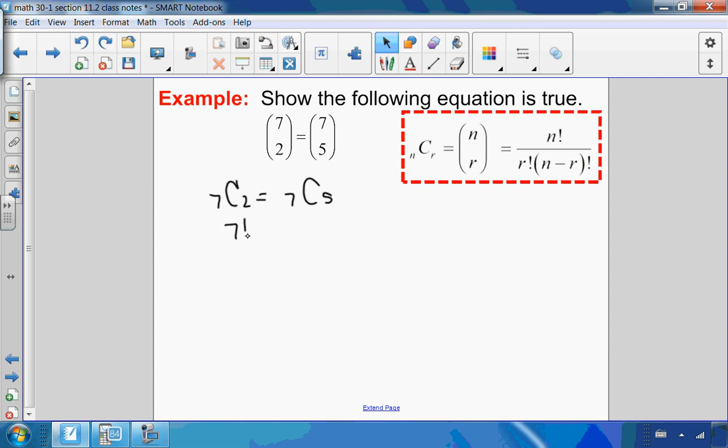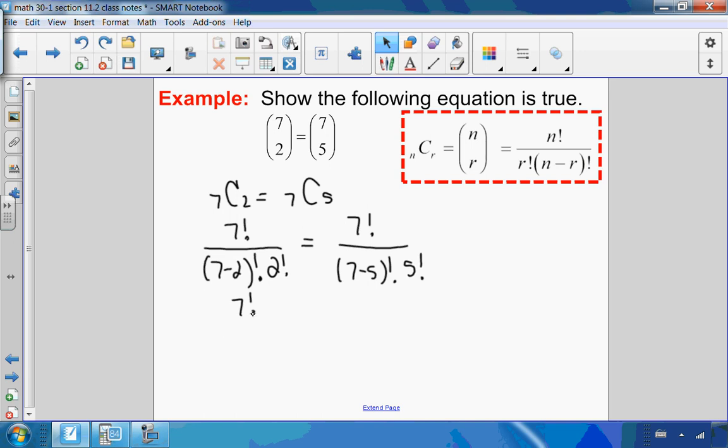7C2 is 7 factorial over (7 minus 2) factorial, 2 factorial. That would be the same as 7C5, 7 factorial over (7 minus 5) factorial, that's the permutation, and then divide by the ways of arranging the objects since order doesn't matter.